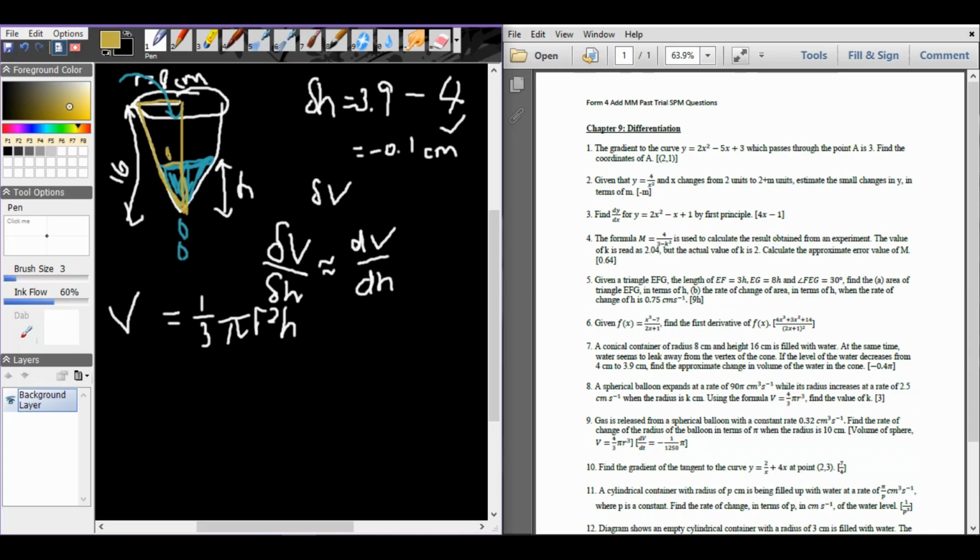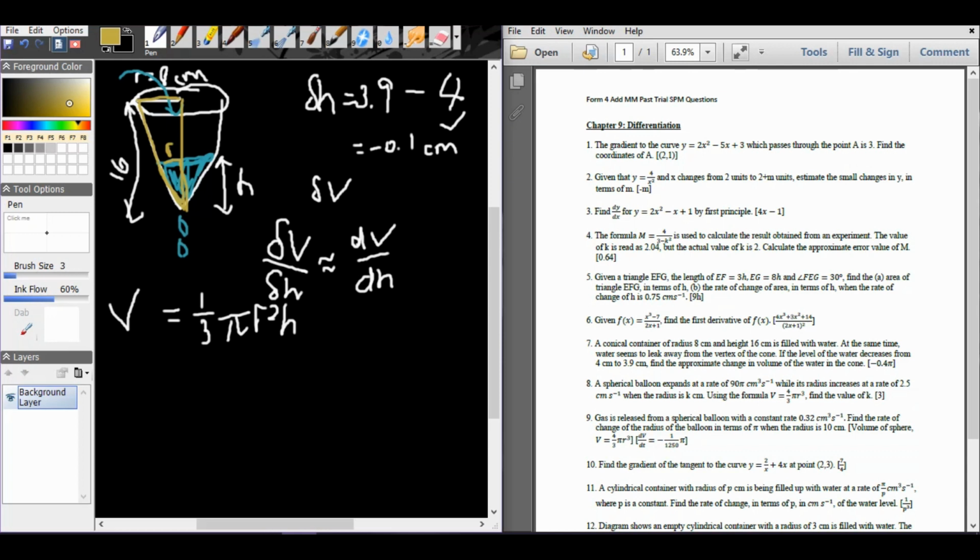Let's say this is the radius R. Using the concept of similar triangles, 8 over R equals 16 over H. So R equals 8 over 16 H. So R equals 1/2 H.